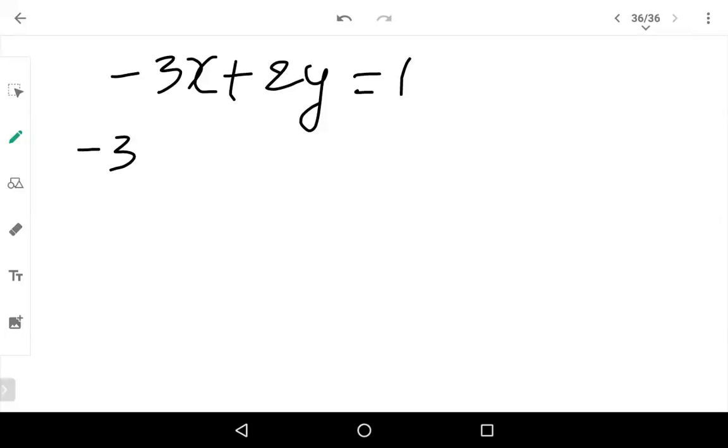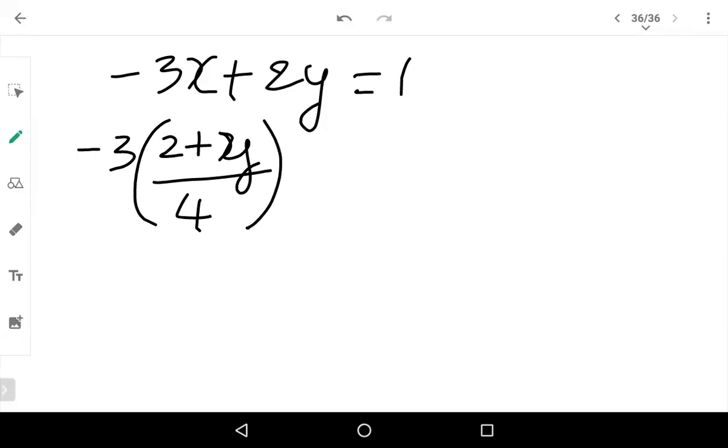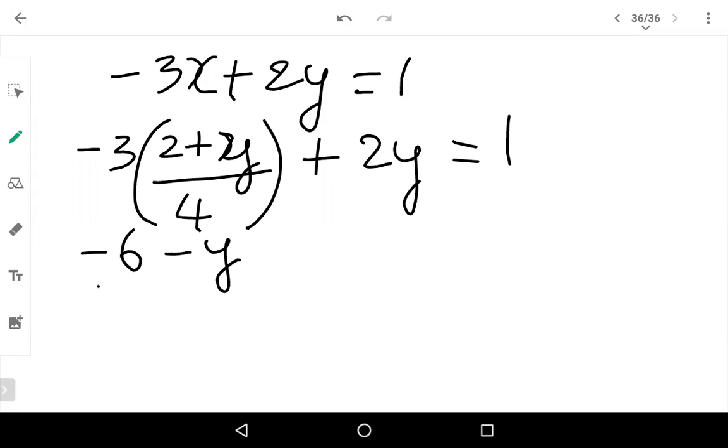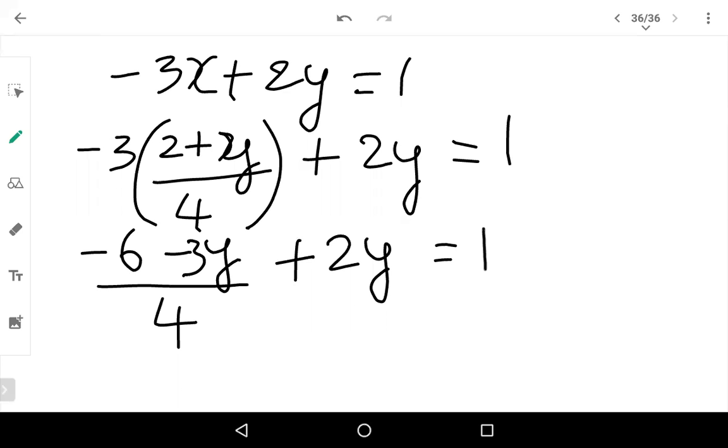So minus 3 into 2 plus y divided by 4, plus 2y, is equal to 1. Now multiply this minus 3 here. Minus 3 into 2 you get minus 6. Minus 3 into y will become minus 3y. This division by 4 will remain as it is. Then plus 2y will remain, is equal to 1.